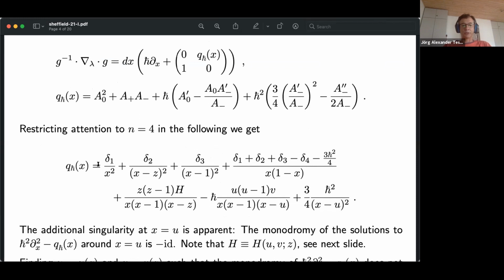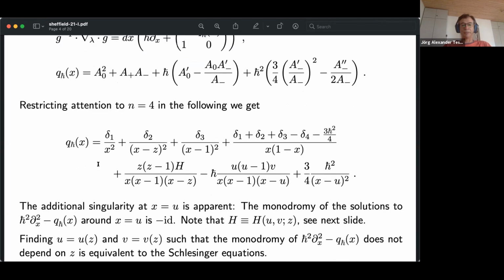This is not the dependence we care most about, although of course this dependence can be interesting in its own right. So the deltas here are coming from eigenvalues of the residues, and we consider them as parameters. This is what fixes the coefficients of second order poles at 0. Here we have picked a specific choice, which is often done, which we can always do thanks to projective invariance.